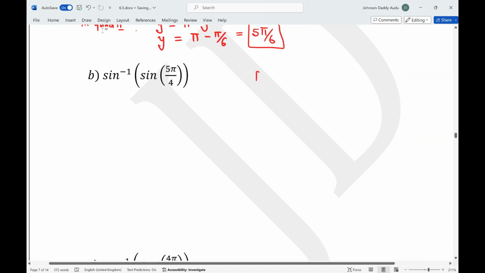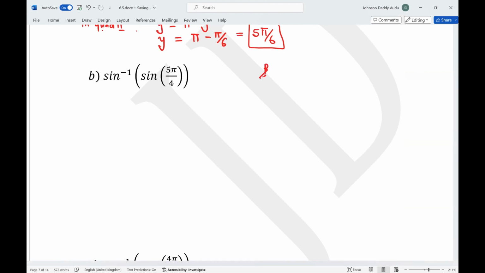So here we're going to recall that if you have sine inverse composed with sine, this is going to be x only if x is inside the domain of sine, which is minus pi over 2 to pi over 2.